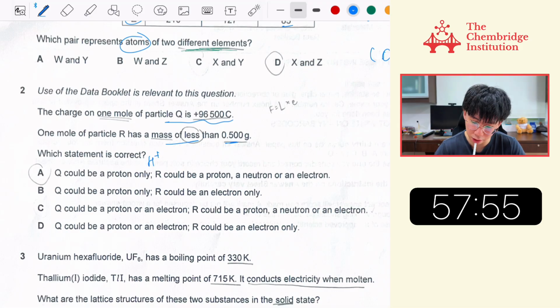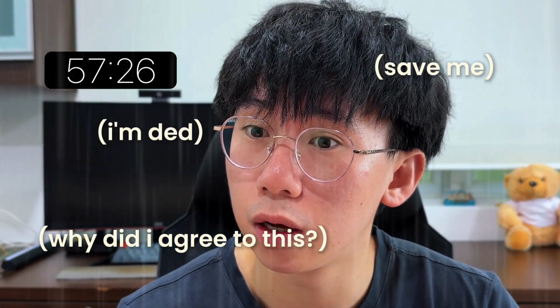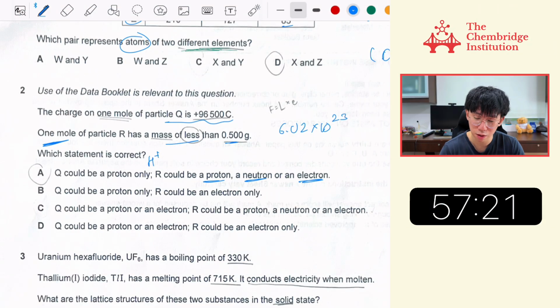Let me think. 1 mole of particle R has a mass of less than 0.500 grams. If you're taking 1 mole of a proton, a neutron, and an electron, then this has to be, if I remember correctly, 1 mole consists of 6.02 times 10 to the power of 23 particles.